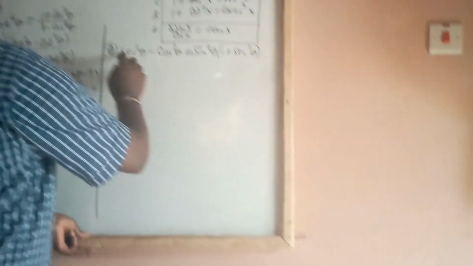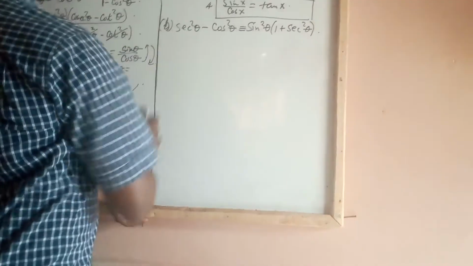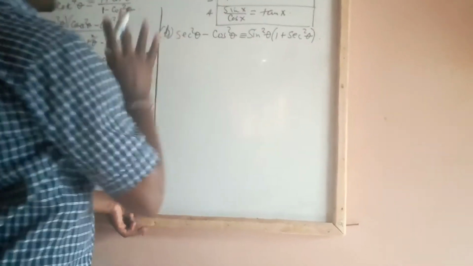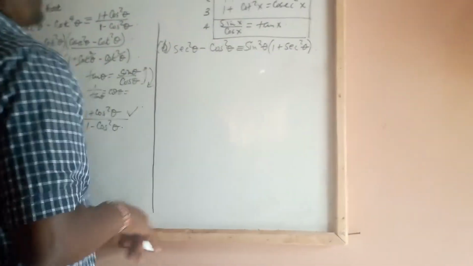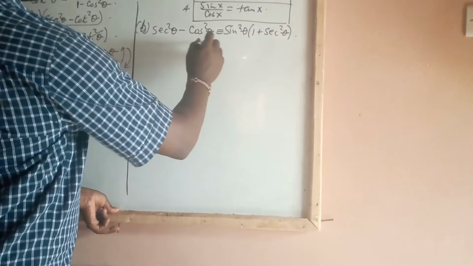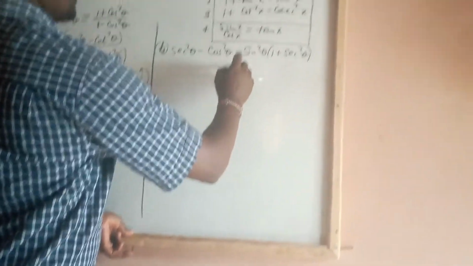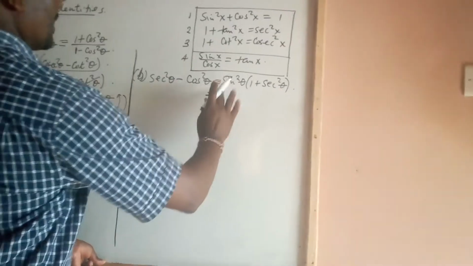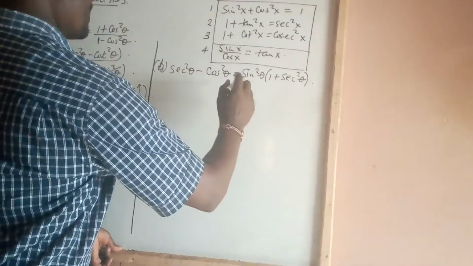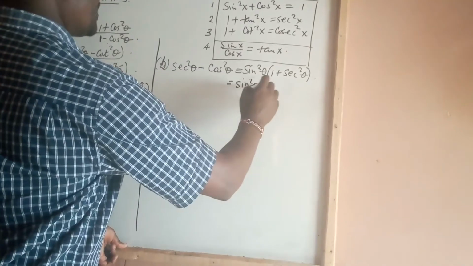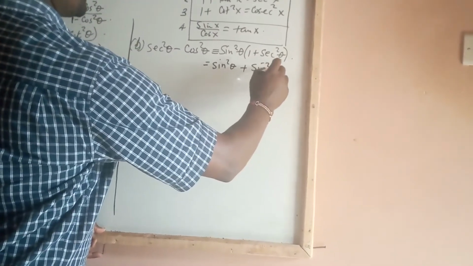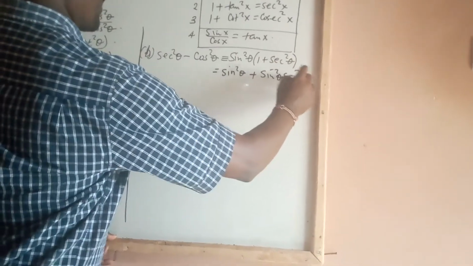We may not have much to do on the left hand side, but let's first open the bracket. On the right hand side we have sine squared theta plus sine squared theta sec squared theta.